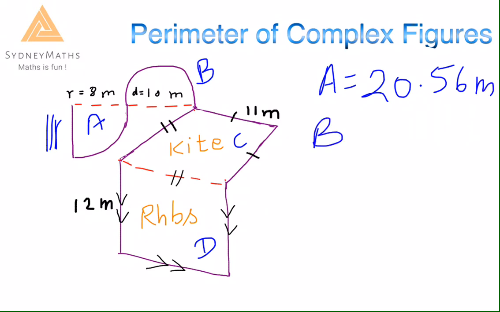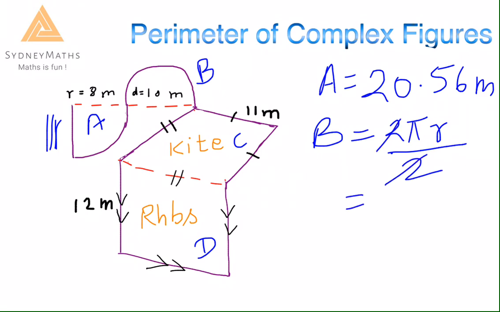For part B, that is a semicircle with a diameter of 10 meters. So again, applying our circumference of a circle formula, which is 2 pi r, which is for the full circle. For a semicircle, that will be divided by 2.